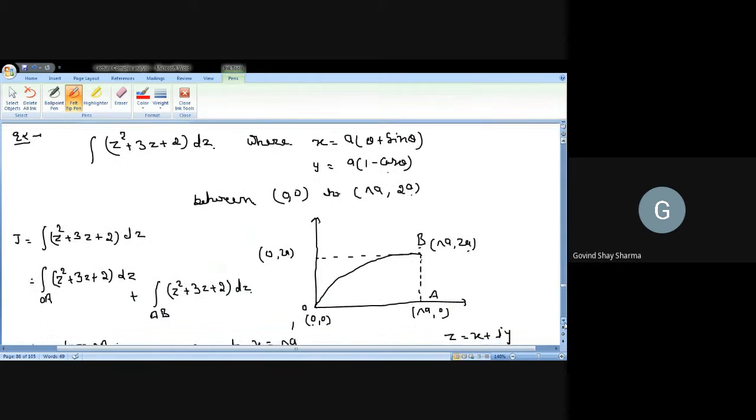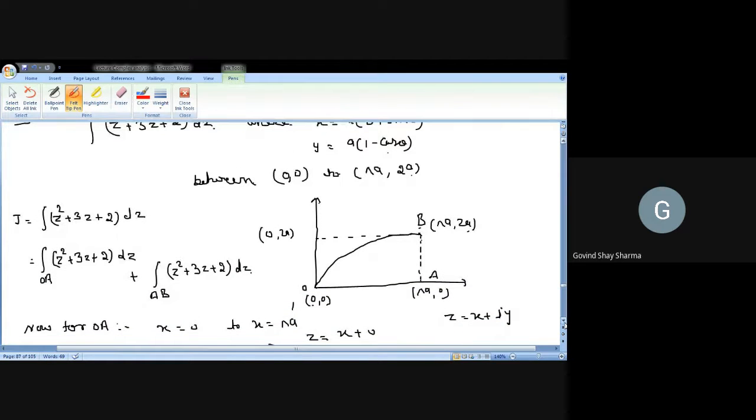Here we draw the curve: we get 0 the origin, A the point (πa, 0), and B the coordinate (πa, 2a).